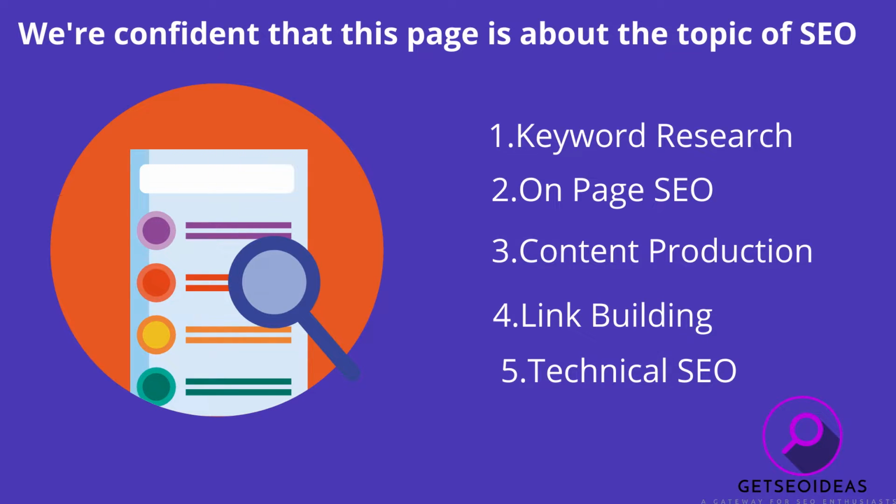Google will still scan your page to see if you mention the term SEO in your title tag, your H1 tag, and so on, but they'll also scan your page for LSI keywords such as keyword research, on-page SEO, content production, link building, technical SEO, etc., which of course are all relevant subtopics of SEO. And when they see these LSI keywords in your content, they're going to say, we're confident that this page is about the topic of SEO.